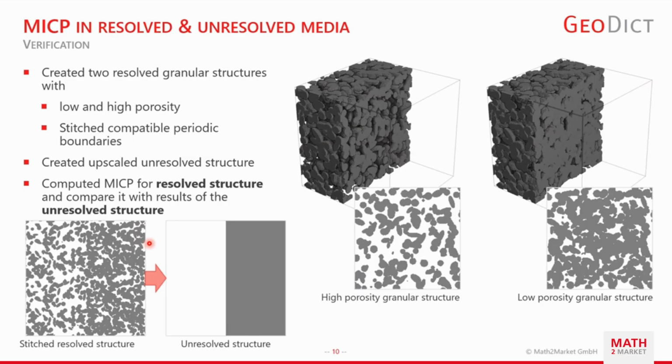So the idea was, if the capillary pressure curves obtained from both of these structures look the same, we know that the upscaling approach works, because we have only resolved structure capillary pressure curves and only non-resolved structures.